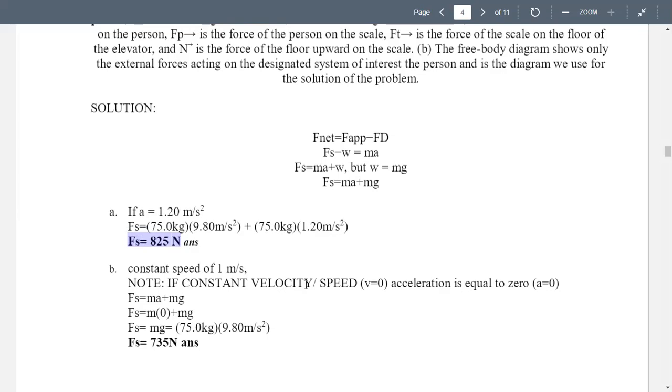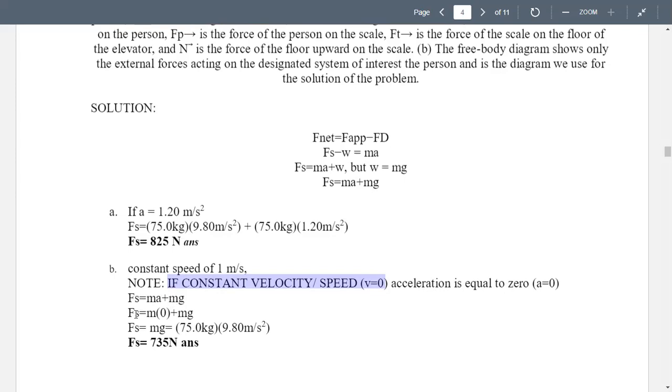And then constant speed of 1 meter per second for letter B. Note, if constant speed, this is actually first law of Newton. Acceleration is equal to 0, a is equal to 0. So Fs is equal to mass times acceleration, and you're going to add mass times gravity.